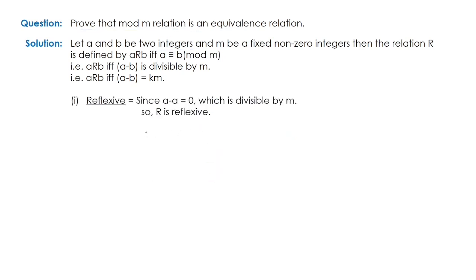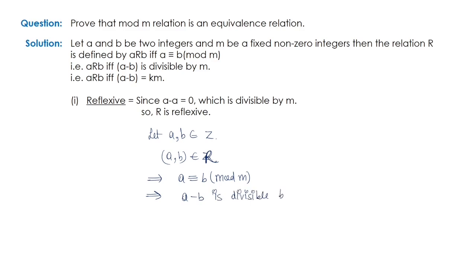Now for symmetry, we consider two elements from the set of integers, and if (a, b) belongs to the relation R, then it means that A is congruent to B mod M. It also means that A minus B is divisible by M. We can write it as A minus B is equal to some constant times M. So we can skip that step here also.